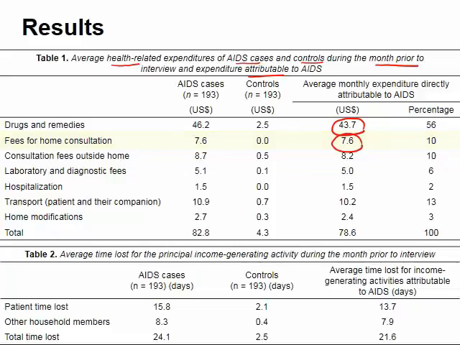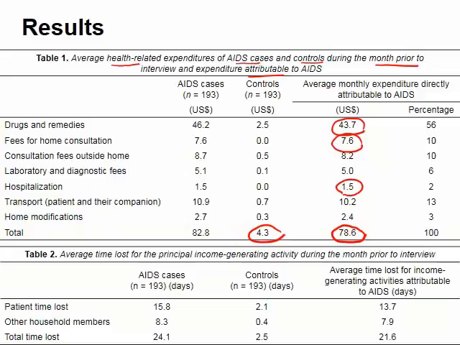And you'll see that there would have been, for example, a $1.5 increase in hospitalization costs, and the total attributable cost for AIDS in the 1 month prior to the interview was about $80, $78.6. Only $4.3 was not attributable to the AIDS.